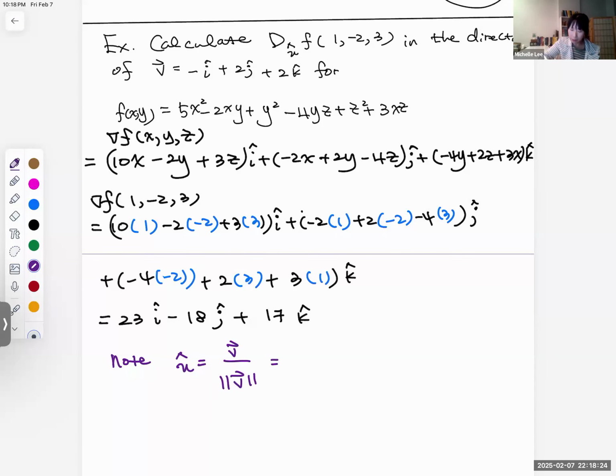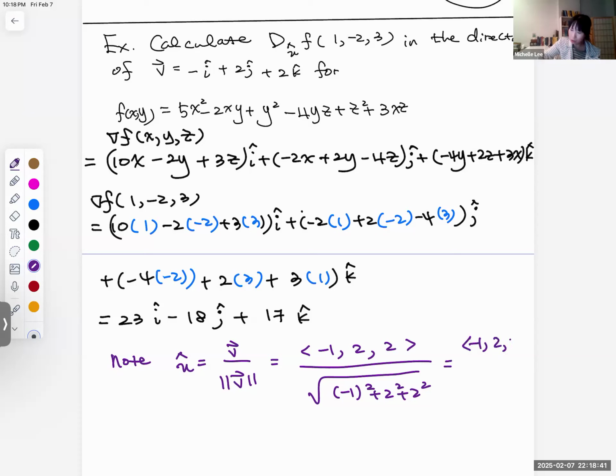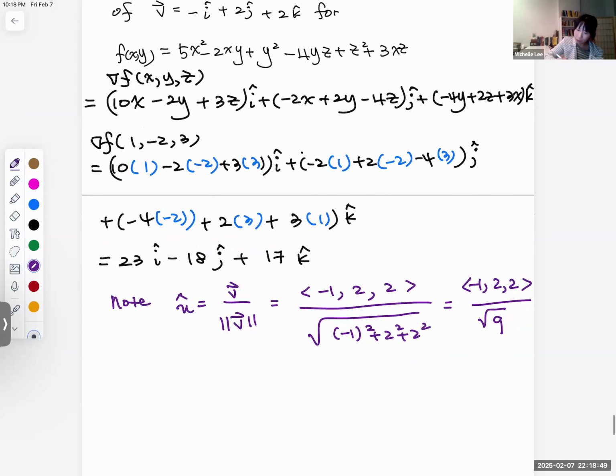So then we have vector v, which we can write in vector notation, over square root of -1 squared plus 2 squared plus 2 squared, right? Okay, then we get -1, 2, 2 over square root of 9. That will be, let's do it this way, -1 over 3 i hat plus 2 over 3 j hat plus 2 over 3 k hat, right?